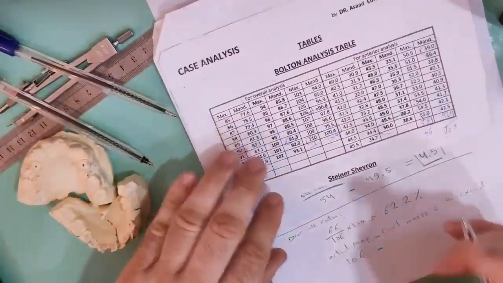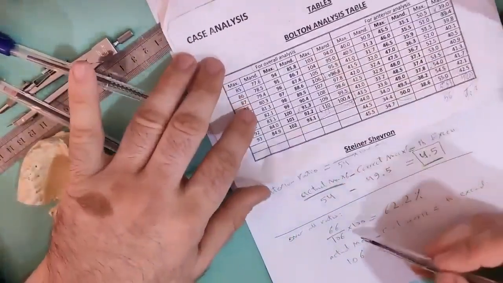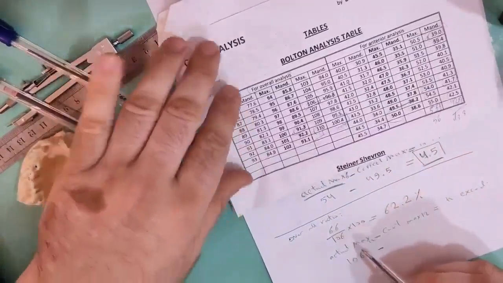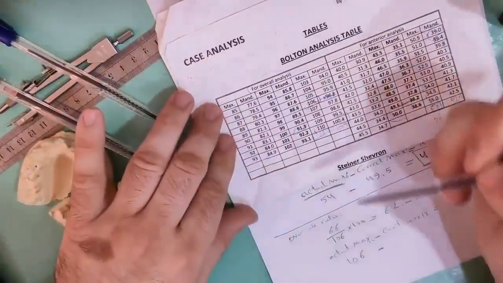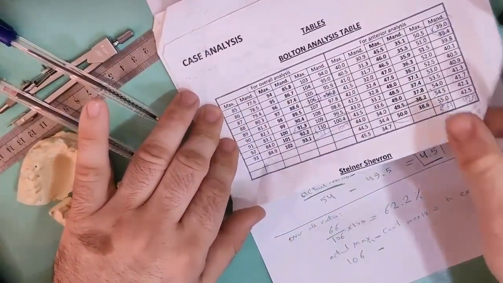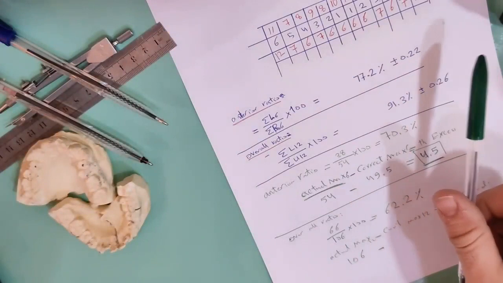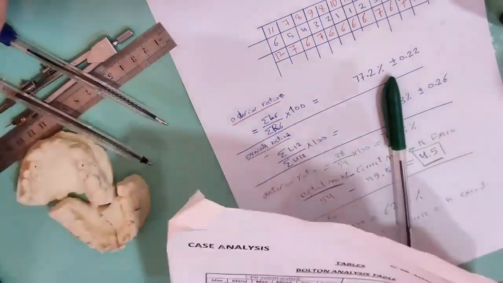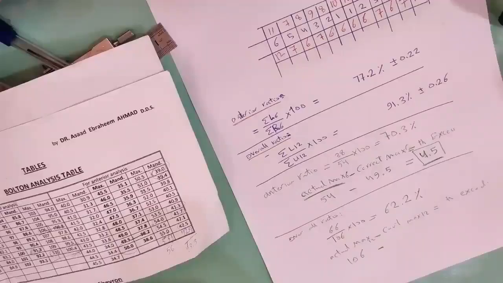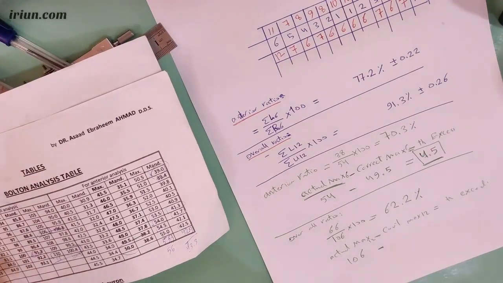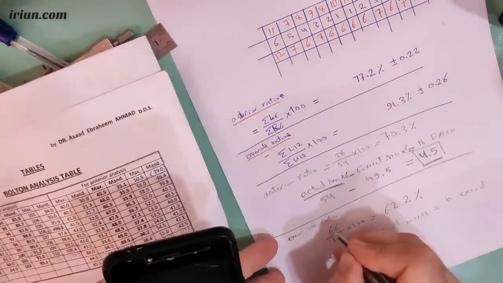So the correct maxilla, according to the mandible 66, sorry, it's not 66. I redid the calculation.